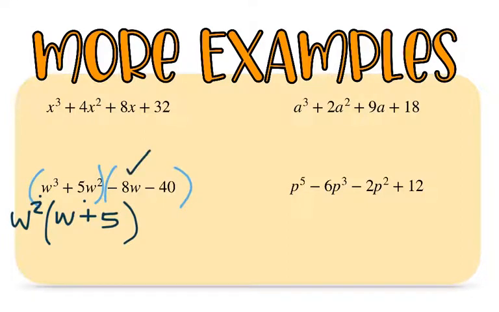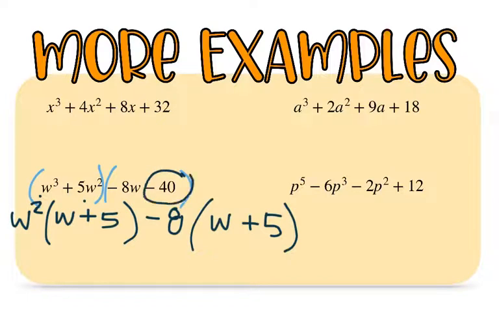This is 8, so obviously that divides by 8, and 40 also divides by 8. So I'm going to take out a negative 8. And what would be left is w plus 5. Because remember, negative 40 divided by negative 8, a negative divided by a negative is a positive, so that's why this term is a positive.